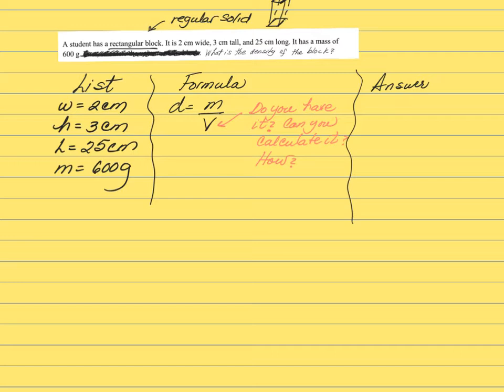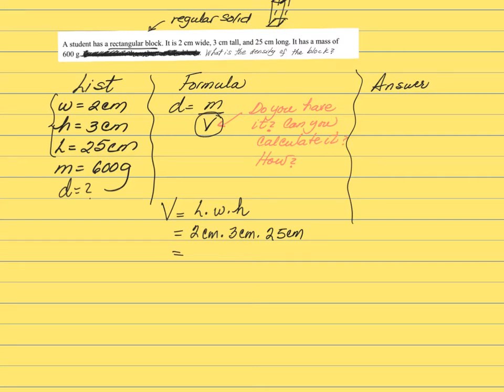My question is, with this information, can you calculate the volume? The answer is yes, because the volume of a rectangular prism is the length times the width times the height. So I'm going to multiply 2 centimeters times 3 centimeters times 25 centimeters.